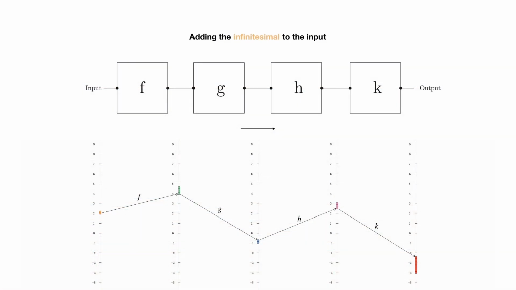So I'm now adding an infinitesimal, you see? And the interesting thing is that if I add the infinitesimal to the input, a small quantity which is always going towards 0, this will cause the other variables to produce their own infinitesimals. So there will be an infinitesimal of each of these outputs and inputs. And finally, there will be an infinitesimal in the output.